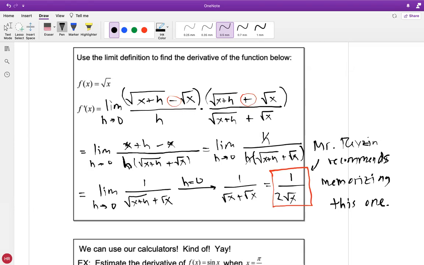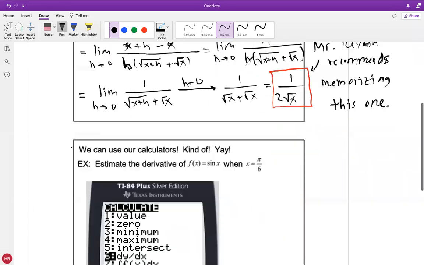And you can use the power thing, but knowing how to do it this way is going to make your life much easier. The derivative of the square root of x is 1 over 2 root x. It's good to know that. I'm just telling you it is. It's just handy to know that thing.